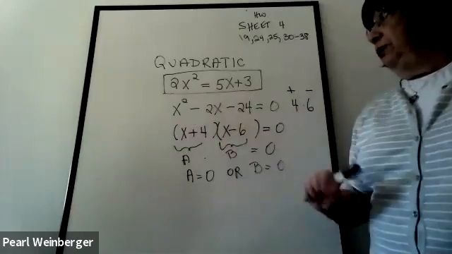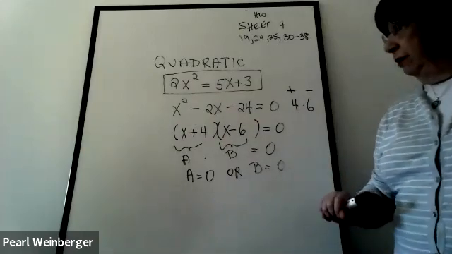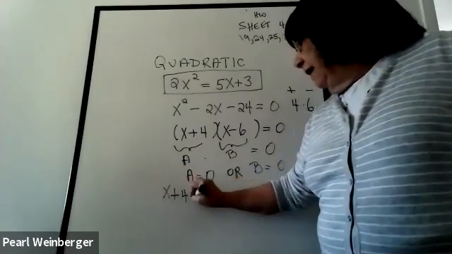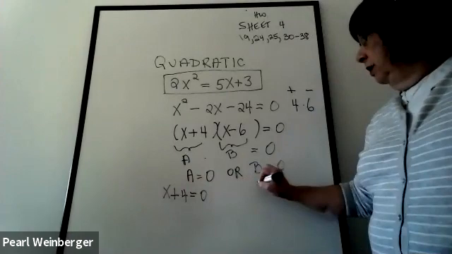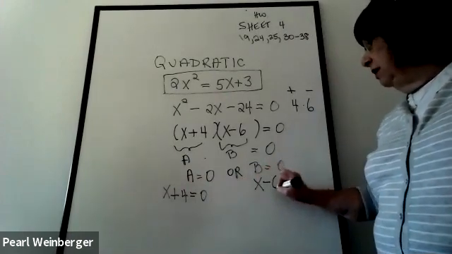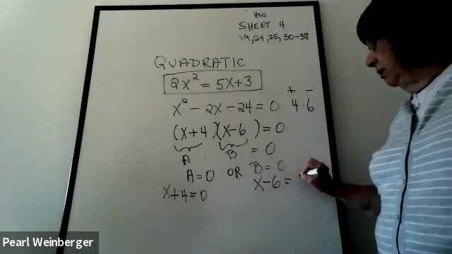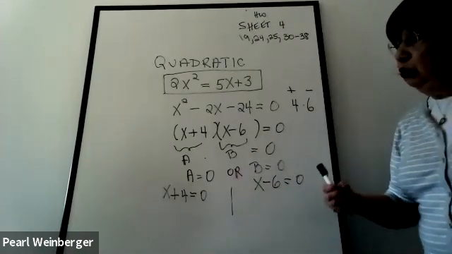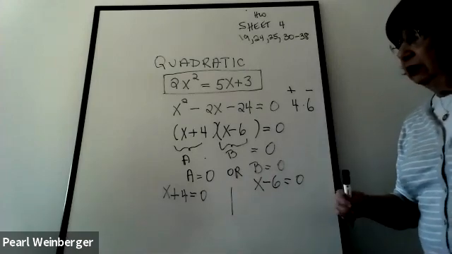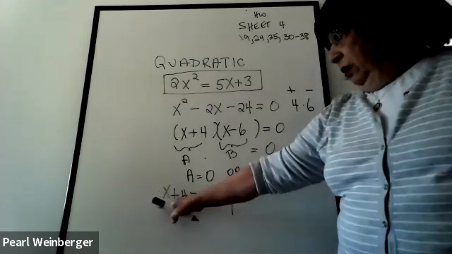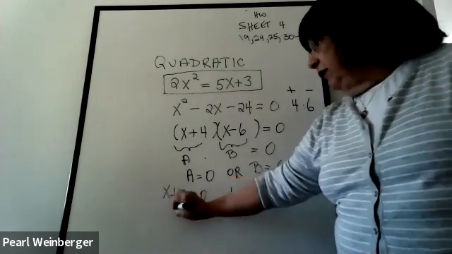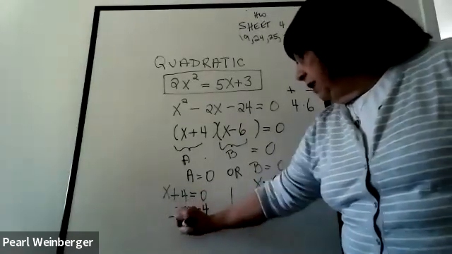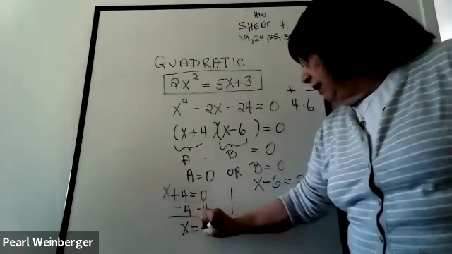Either the first parentheses, the x plus 4, which is my a, has to be equal to 0, or the second parentheses, x minus 6, which is the b, has to equal 0. It turns out there are going to be two legitimate answers to this equation. If x plus 4 equals 0, I can figure out what x is by bringing the 4 to the other side. So one answer is going to be x equals -4.